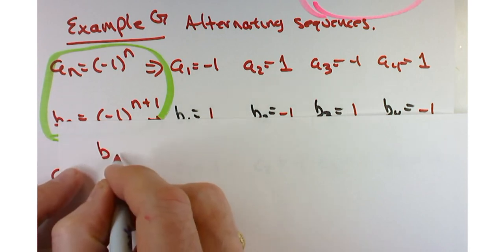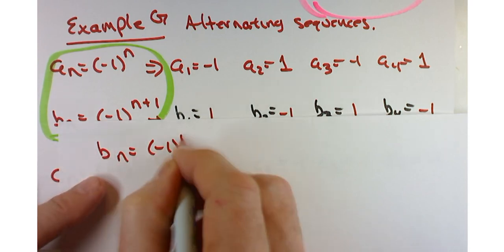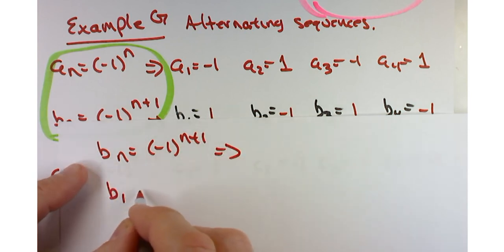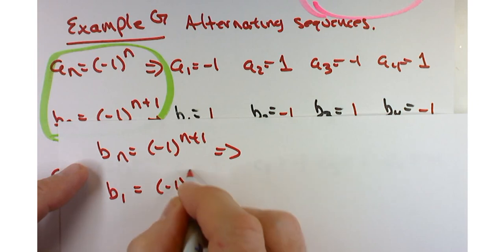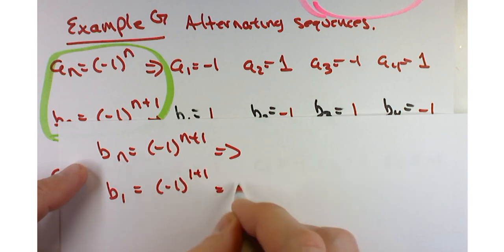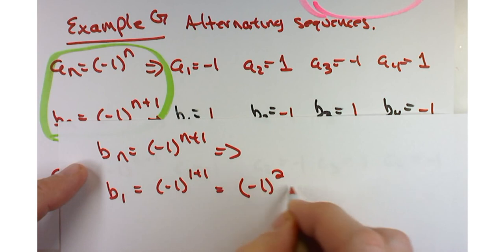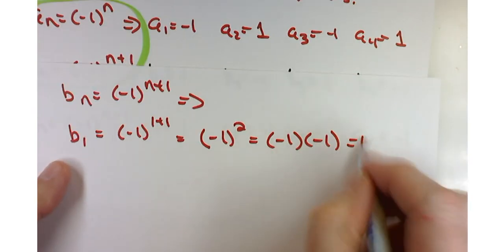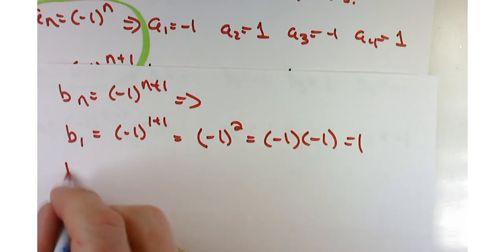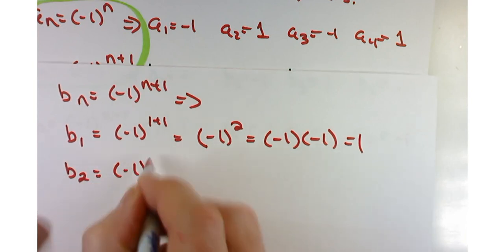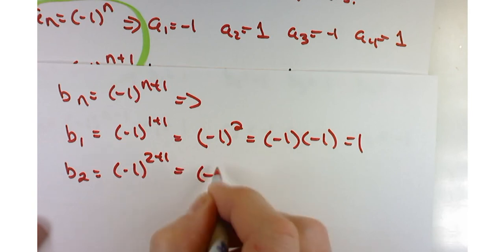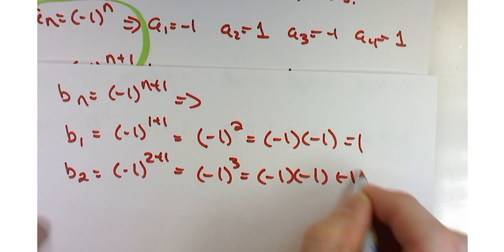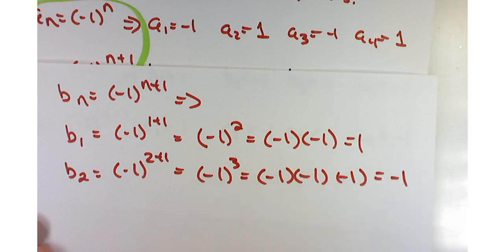B sub n is -1 to the n plus 1, which if I want B sub 1, that's going to be -1 to the 1 plus 1. 1 plus 1 is 2. -1 squared is -1 times -1, which is a +1. If I had B sub 2, -1 to the 2 plus 1, -1 cubed, now I've got an odd number of negative signs, so I get a negative product.